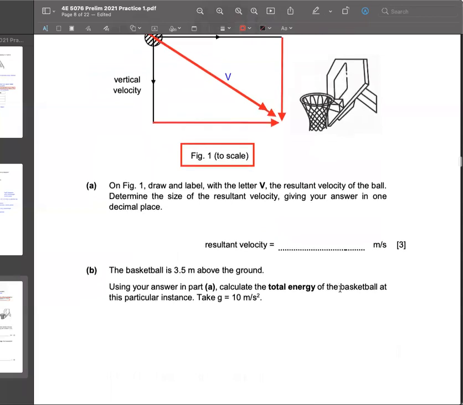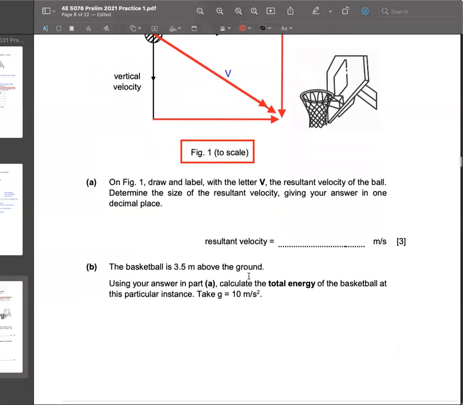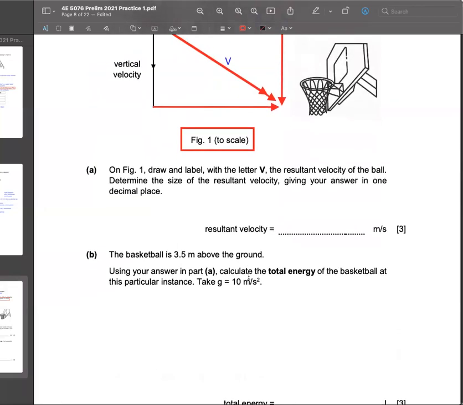Okay. 3.5 meters above the ground. What is the total energy? The mgh, mass times gravity times height. What energy does it have first? GPE plus KE. Where does the KE come from?